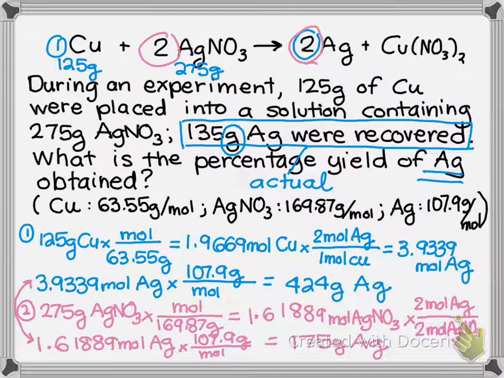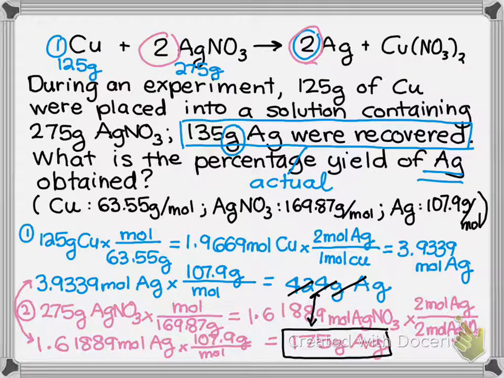So remember, this is not the percent yield that I've solved for right now. The percentage yield is the actual yield divided by the theoretical yield. I was given the actual yield of 135, but I had to figure out the theoretical yield. In a limiting reactant problem, I have to compare these two values, and the one that's the smallest is the theoretical yield. So this other number is not part of my answer. I just needed it to compare to see how much I would make.